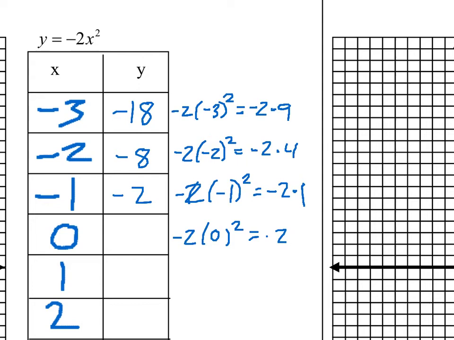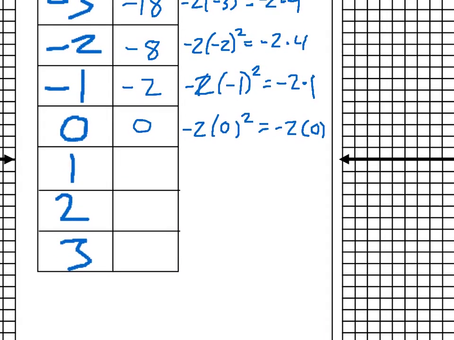That's negative 2 times 0, which is 0. 0 times anything, 0. Coming down to the next one, we have negative 2 times 1 squared. 1 squared is 1. Positive 1. We have negative 2 times 1 is negative 2.